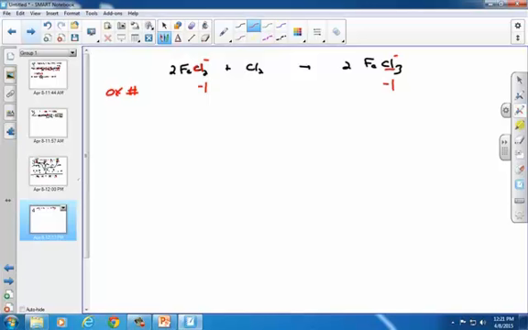So even though I can't usually predict offhand what the charge on the iron would be, if it's combined with a nonmetal whose charge I can predict, I can then deduce the charge on the metal, recognizing that the overall combined formula for the metal and the nonmetal has to be neutral or have a 0 charge overall. So if I have 2 Cl minuses, what must be the charge on the Fe? It must be a 2 plus.